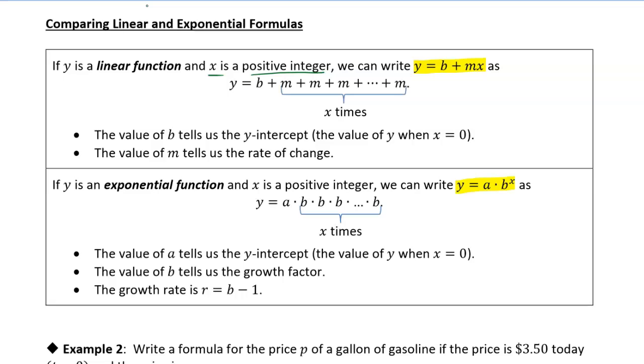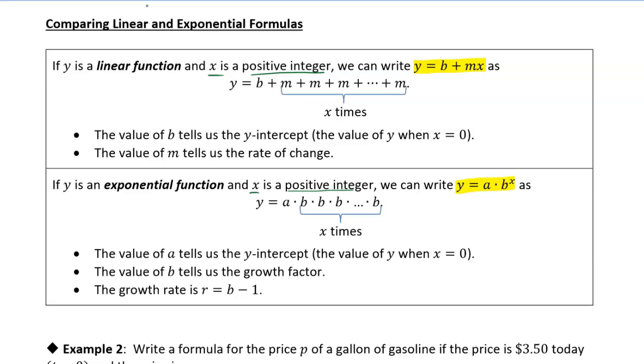So if x again is a positive integer, then this formula y equals a times b to the x can be written as a times b times b times b, where we're multiplying by b x times.